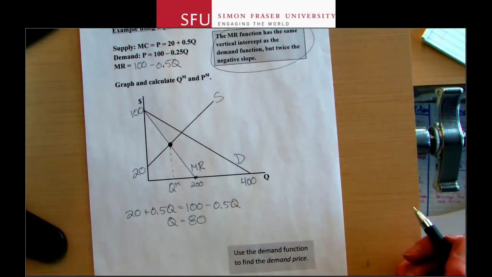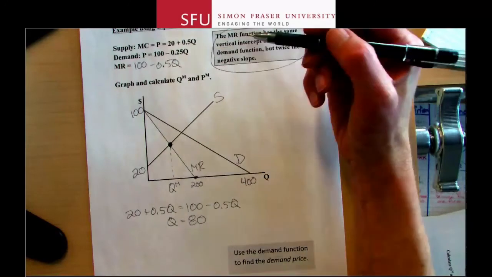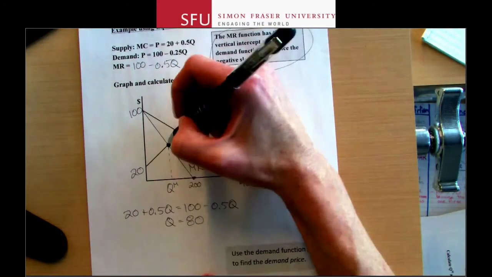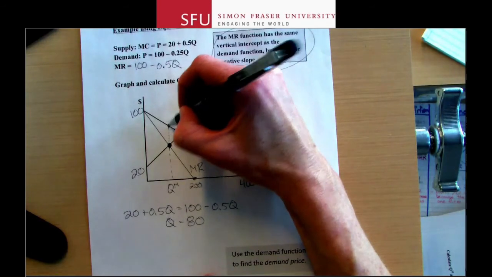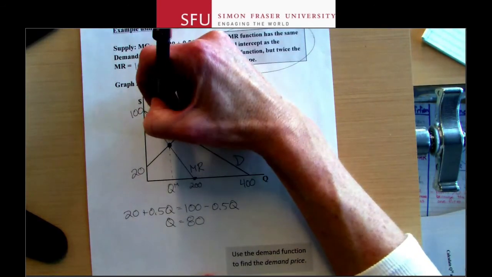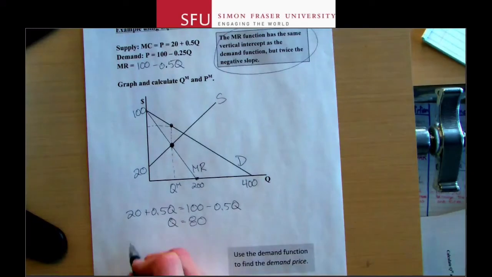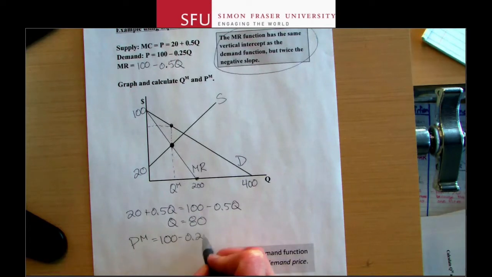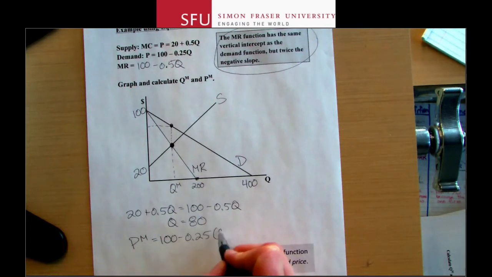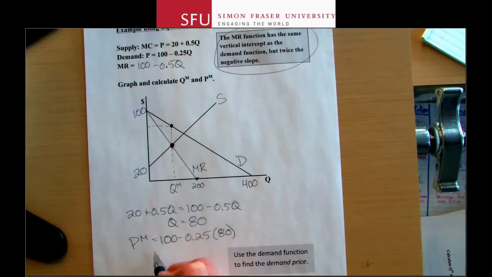Okay, so the quantity will be 80. And then the price that consumers are willing to pay for 80 units, we use the demand function to figure out that price. So P M, the demand function, 100 minus 0.25 times 80. So that's also $80.